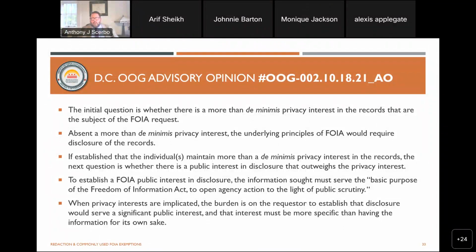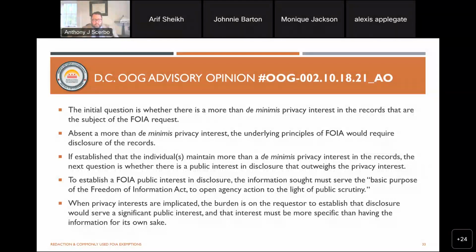The requested records were things like transcripts, hiring information, things at time of hire, things at time of promotion, etc. So absent more than a de minimis privacy interest, the underlying principle of FOIA would require disclosure of the records. So it had to be established that the individuals maintain more than the de minimis privacy interest.